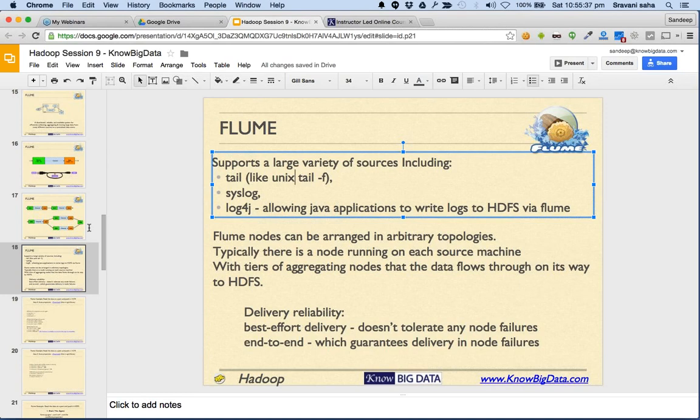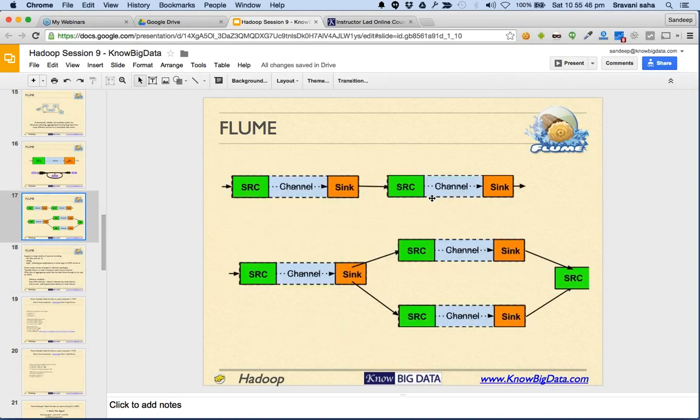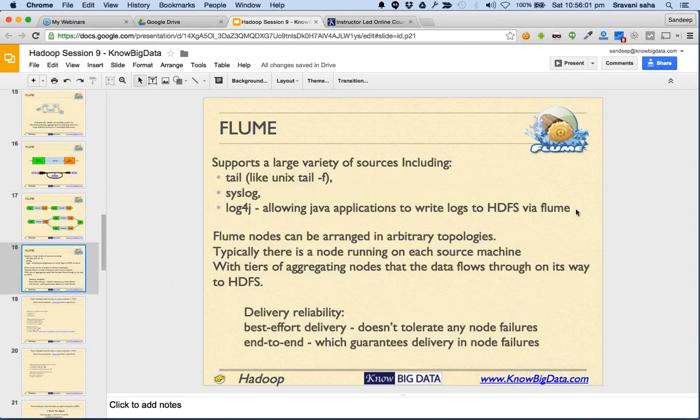Flume nodes can be arranged in arbitrary topologies, the way we have just now shown you. There were two topologies in which one agent is connected to another agent, and here one agent is connected to another agent which is connected to some other agent. So there are four nodes: one, two, three, four. I counted three earlier.